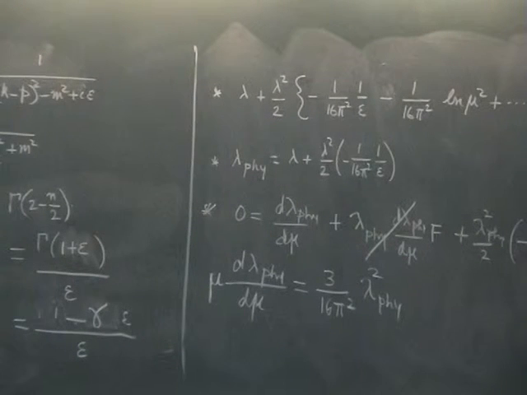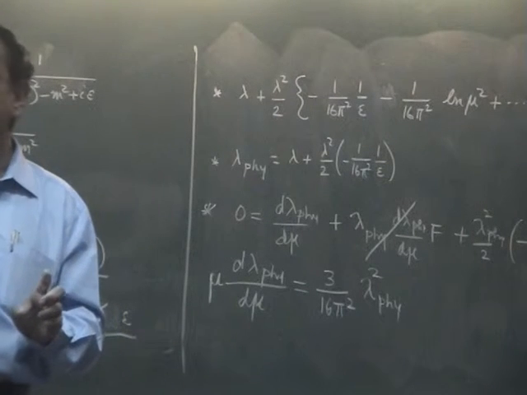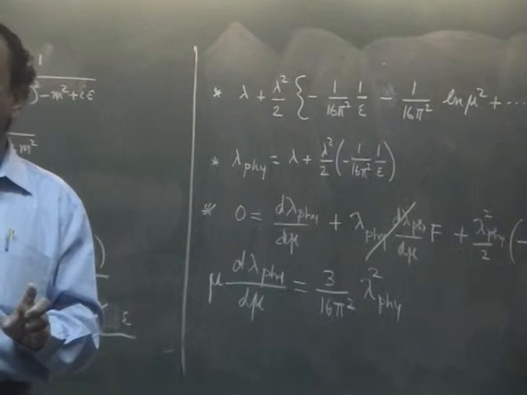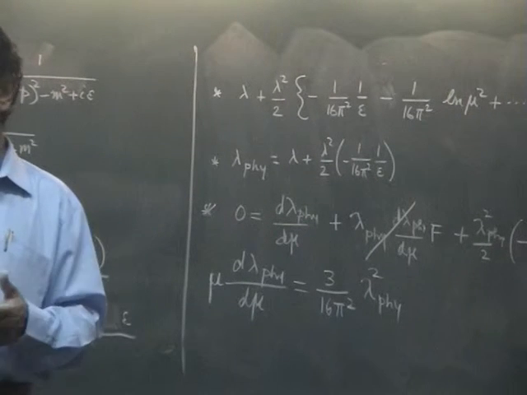Usually that mu would be set to some physical scale in the problem. In this particular case, you could have put mu equal to m, for example. That is one choice. Then you will claim that the lambda physical which you measure from the experiment is evaluated at that threshold scale, and then any other value can be found by just substituting it.